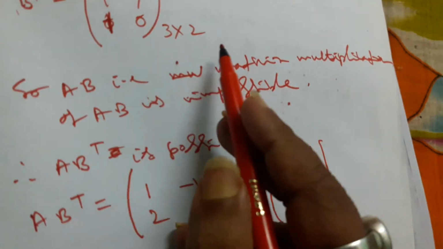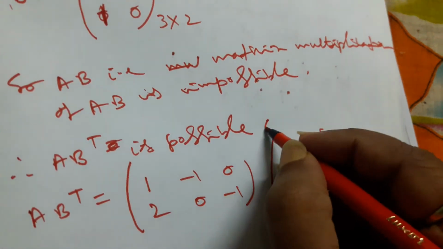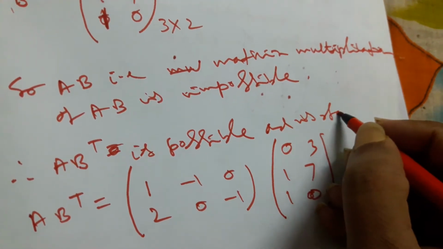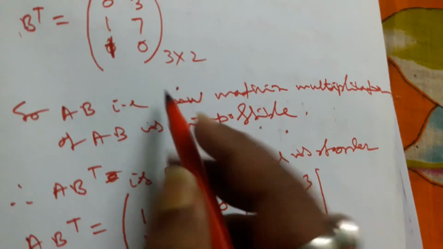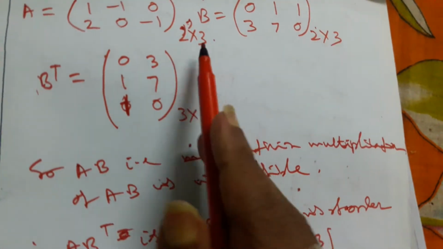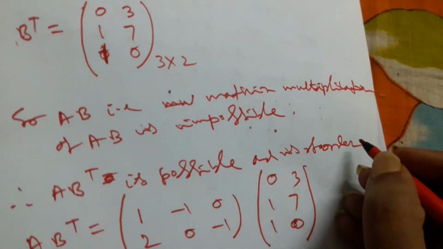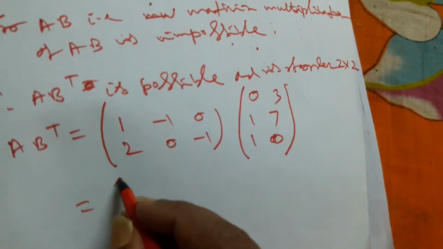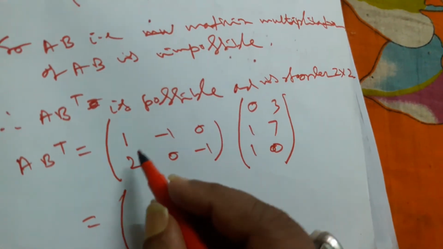And if we take the product of the matrices, the order will be 2 by 3 times 3 by 2, so the order will be 2 by 2. Then how to make the product?